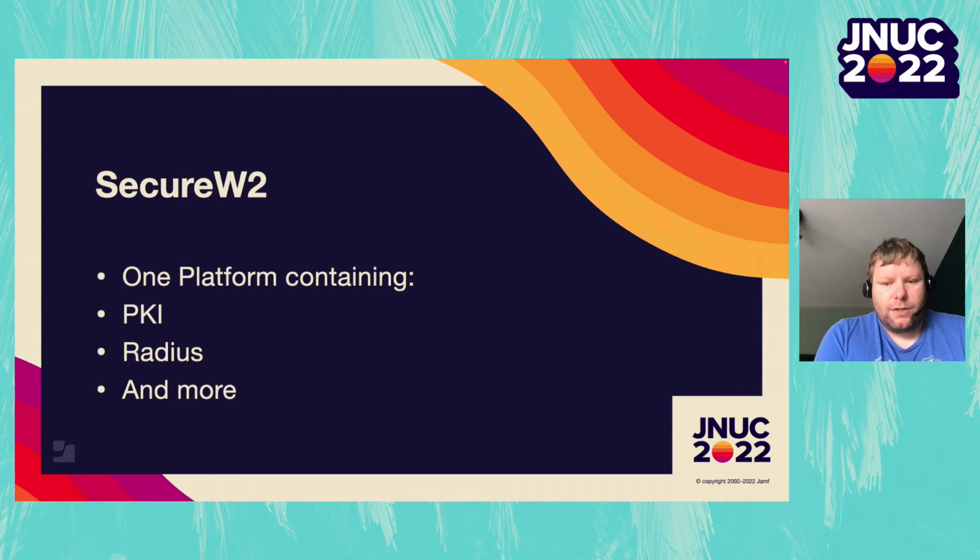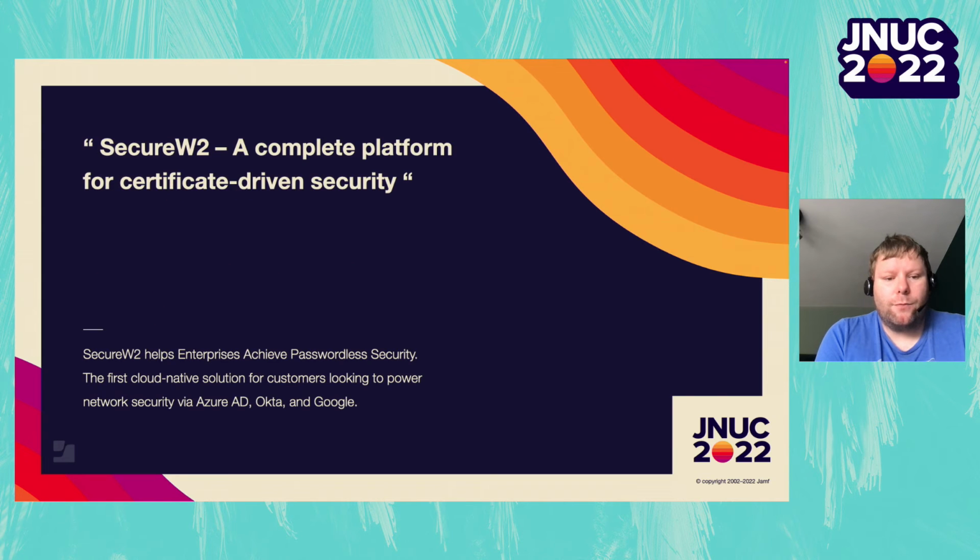The next solution that I want to talk about is an all-in-one independent solution. It's its own platform. It is called Secure W2. It's one platform. It contains PKI, so it handles the certificates for us. It also contains Radius, and it has the ability to do other stuff as well. It's just a very complete platform that works really well, and I'm going to show you how to integrate that into your Jamf Pro instance.